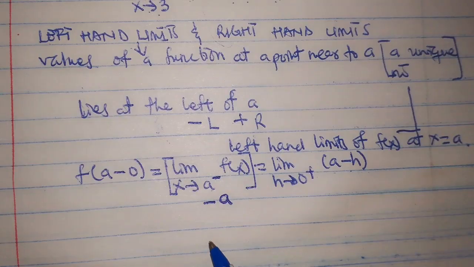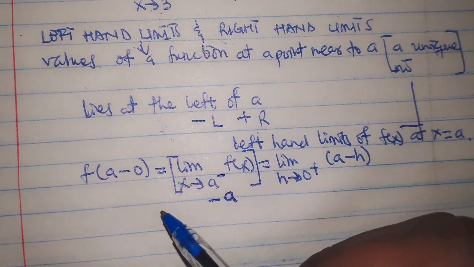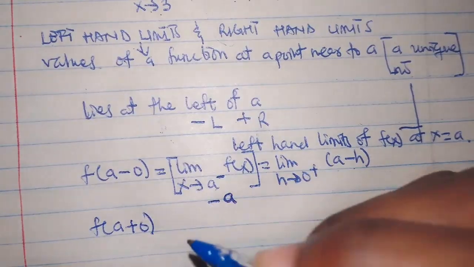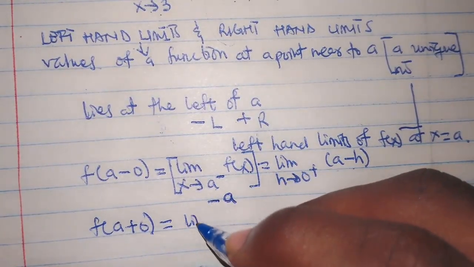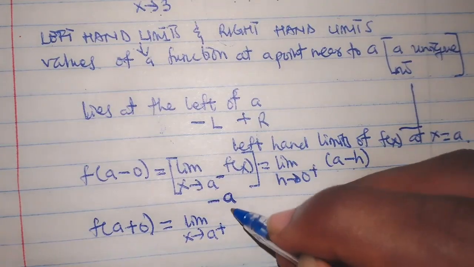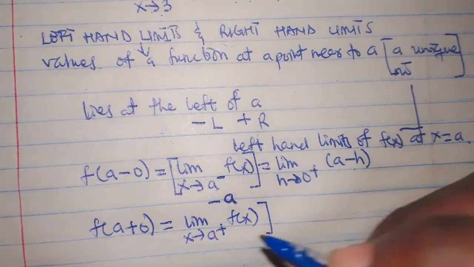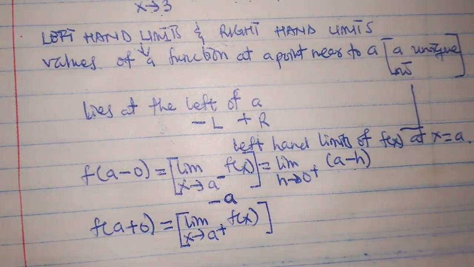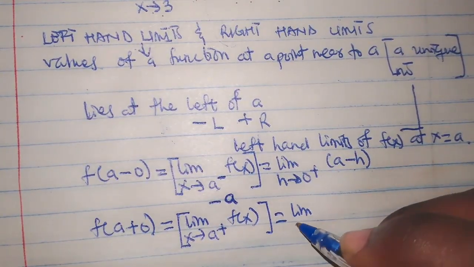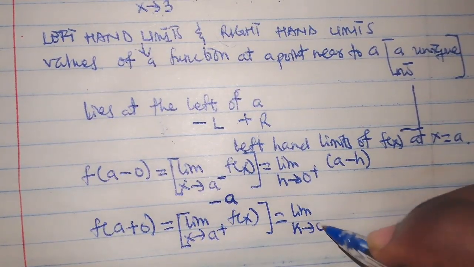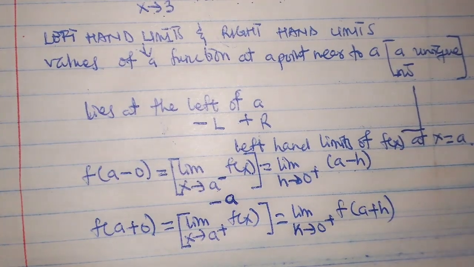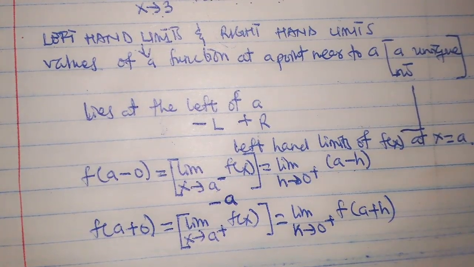Now the same thing applies to the right hand limits. For our right hand limit, we have f of a plus 0 is equal to the limit as x approaches positive a of f of x, which is equal to the limit as h approaches positive 0 of f of a plus h.